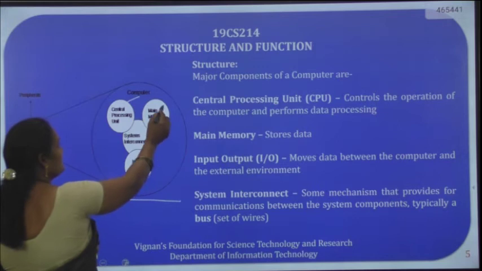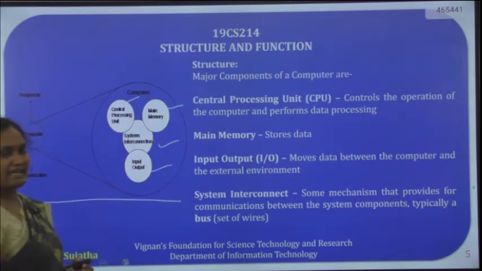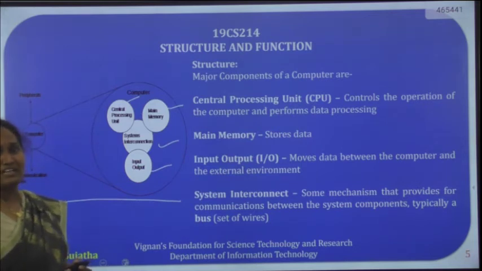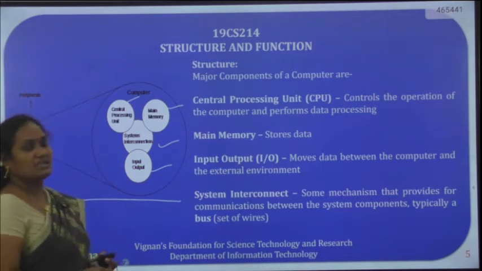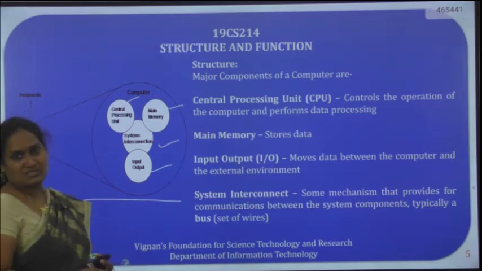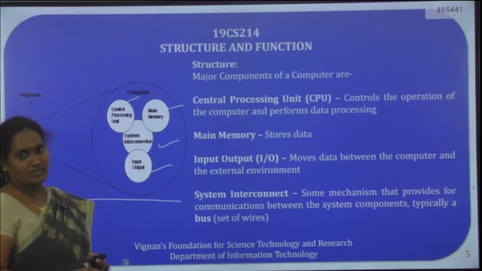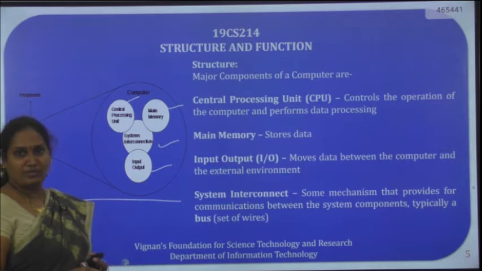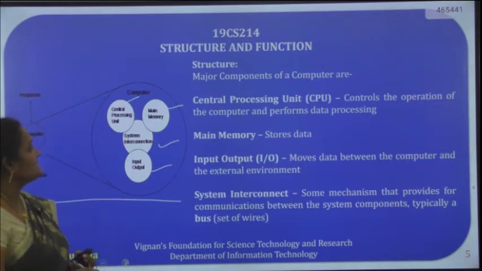Now what about the functionalities of those four units? The central processing unit controls the operation of the computer and also performs data processing. Those two are the tasks that should be performed by the CPU.